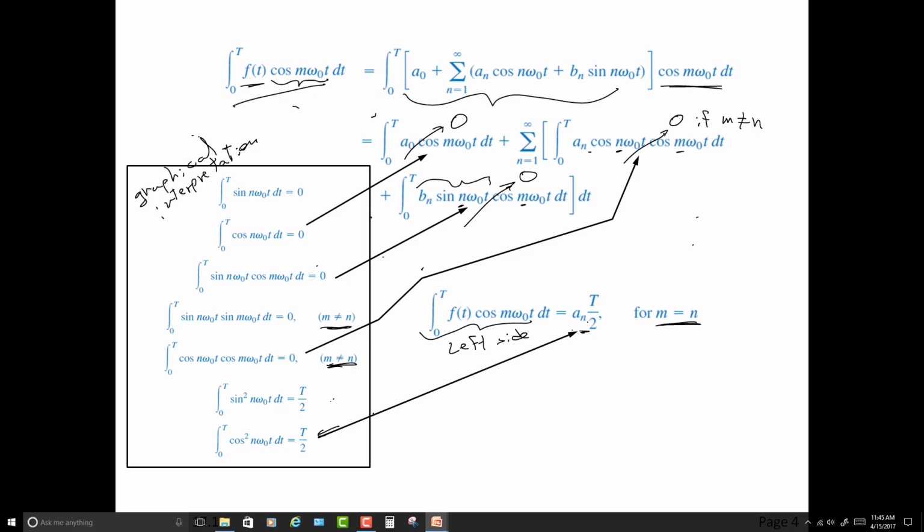But we now know it's equal to a constant. Big help there, because now we can solve for a sub n, and it is 2 over T, the inverse of that constant, times the integral of the function times the coefficient. And this would be repeated for every n, every harmonic.